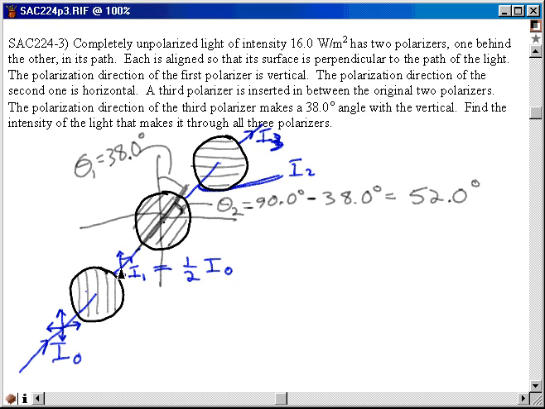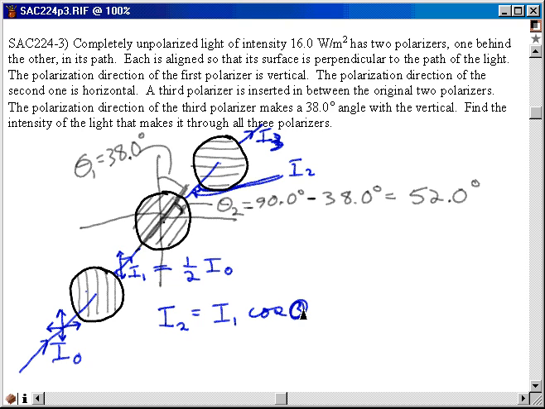Okay, now vertically polarized light hitting a polarizer that's oriented so that its direction of polarization makes an angle of 38 degrees with the vertical, means that I2, what gets through to this point, is going to be equal to I1 times the cosine of the angle between the polarization direction of the light and the polarization direction of the polarizer, which is 38 degrees.